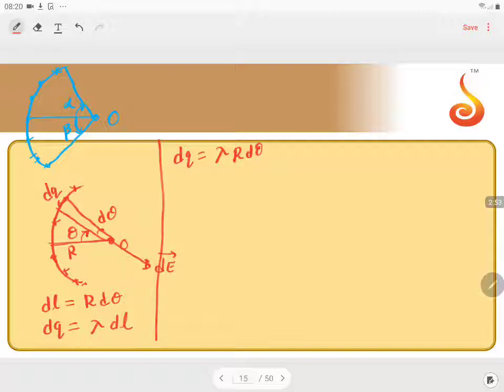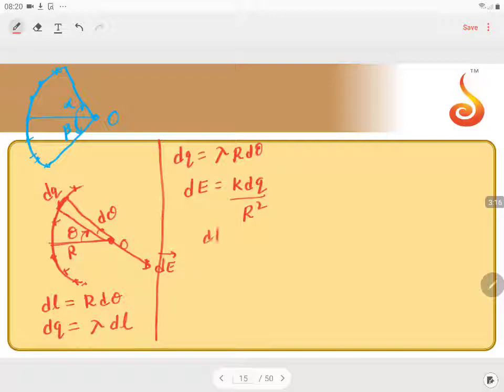So now dE will be equal to k dq divided by r square. Why? Because the distance between this element and the center O is r, that is nothing but the radius.